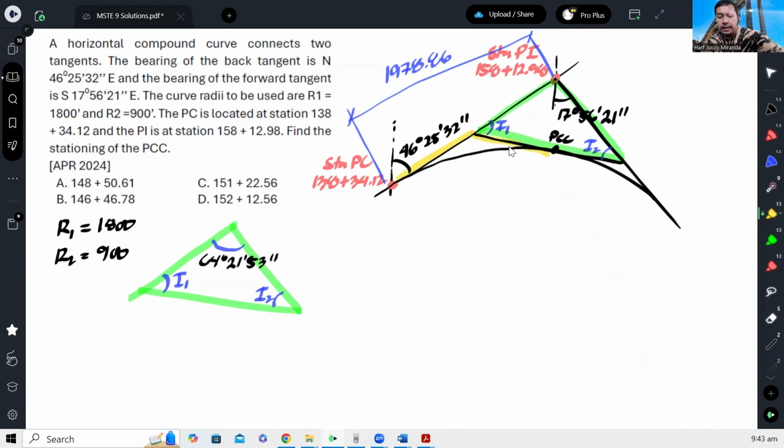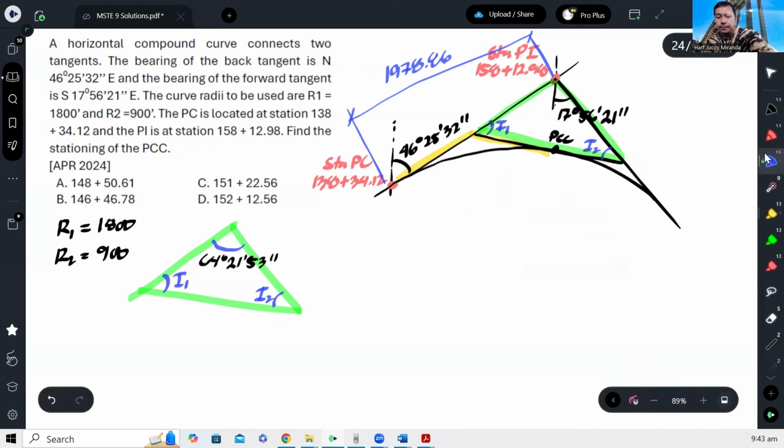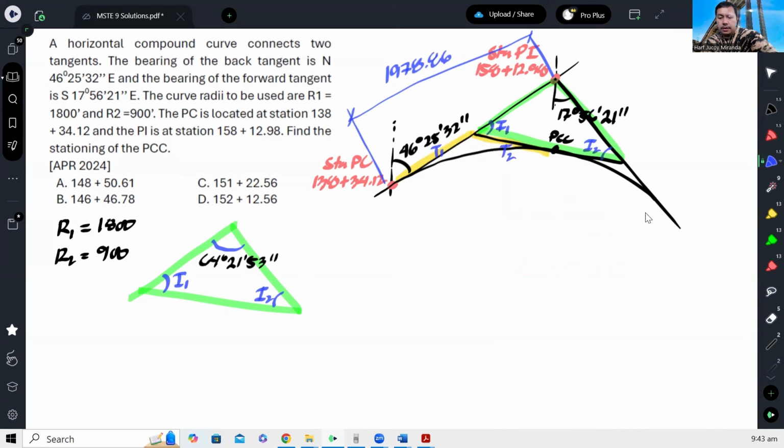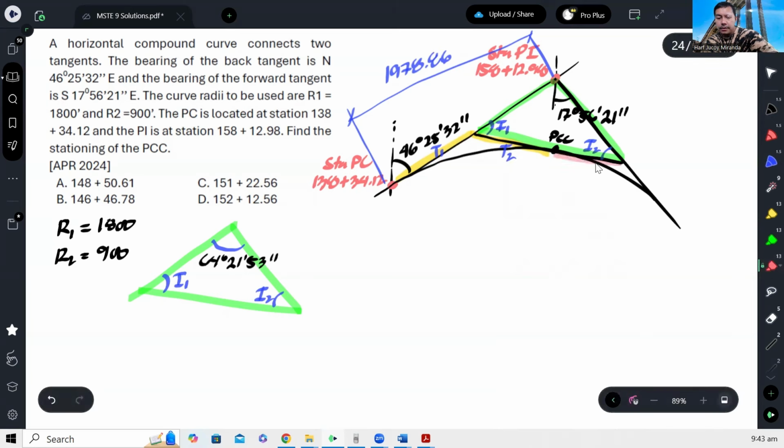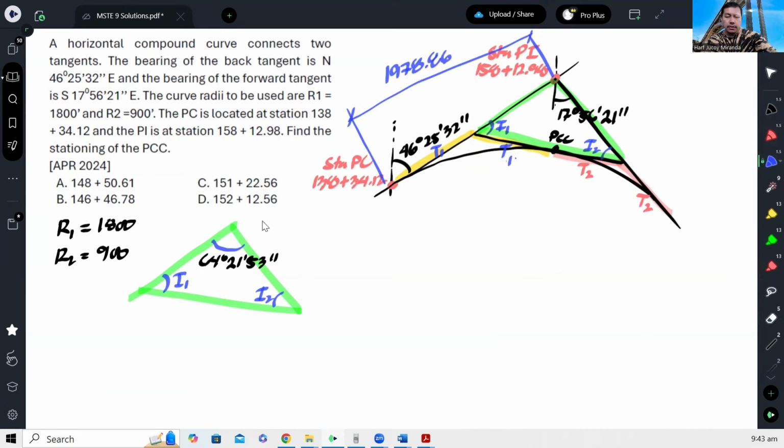ito ay tangent ng first curve? Tapos, ito naman, although I think hindi kailangan, is tangent ng second curve. No? Ito ay first curve, sorry. Okay, so ibig sabihin, itong sukat netong green na to will be 1978.86 minus T1.